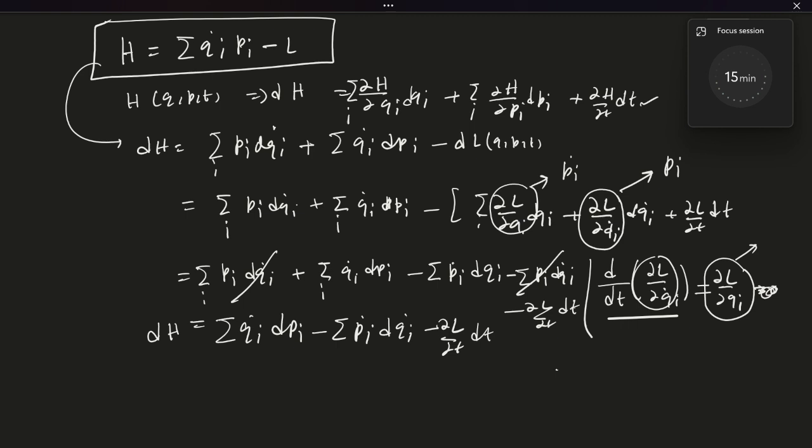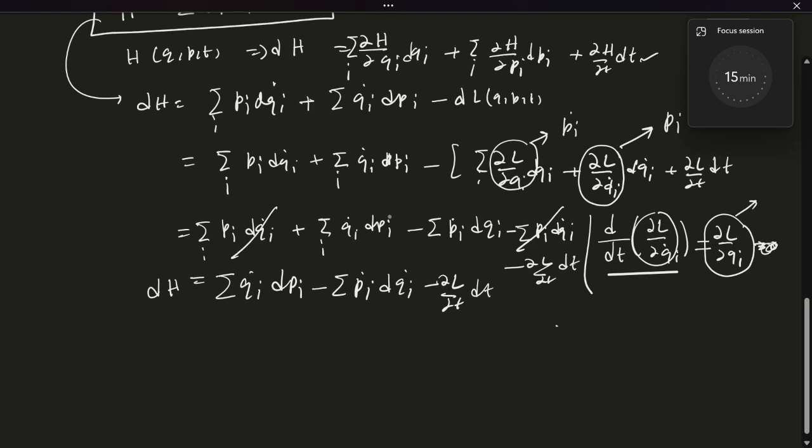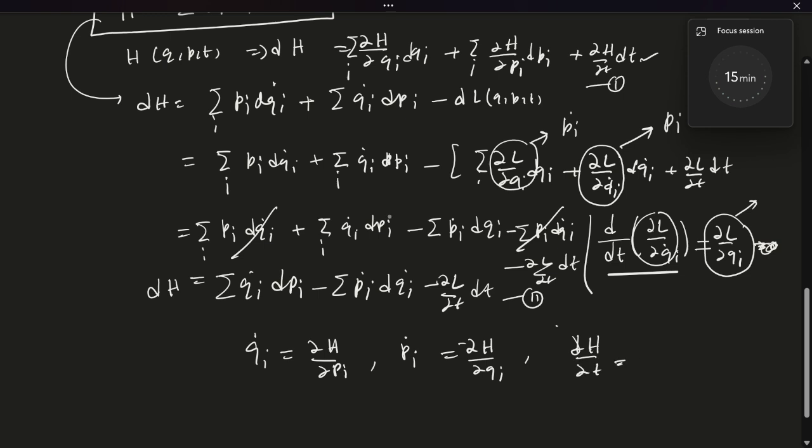Okay, so if you compare this with this, you will get q_i dot is equal to del H by del p_i, and you will get p_i dot is equal to minus del H by del q_i, and you also get del H by del t is equal to minus del L by del t.